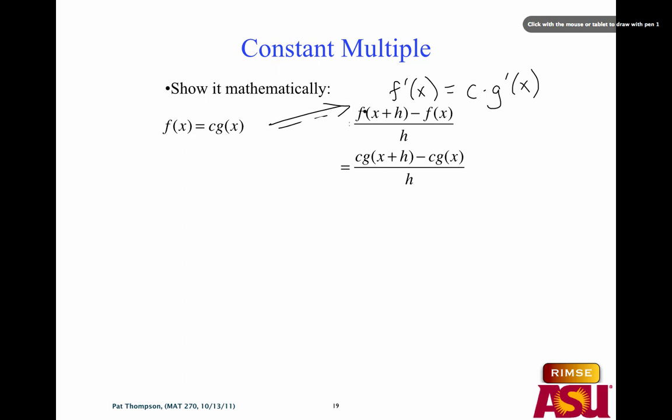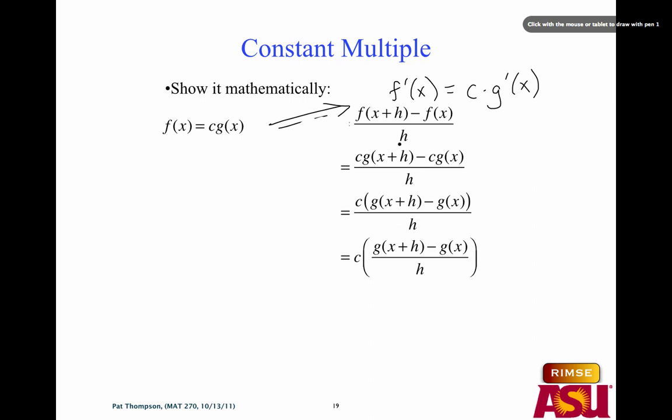Then because f of x equals c times g of x, I can replace f of x plus h with c times g of x plus h, and f of x with c times g of x. I can then factor out the c, and so I'm left with this expression. Notice that when I rearrange, this thing in here is exactly the thing that I need to talk about the rate of change of g with respect to x.